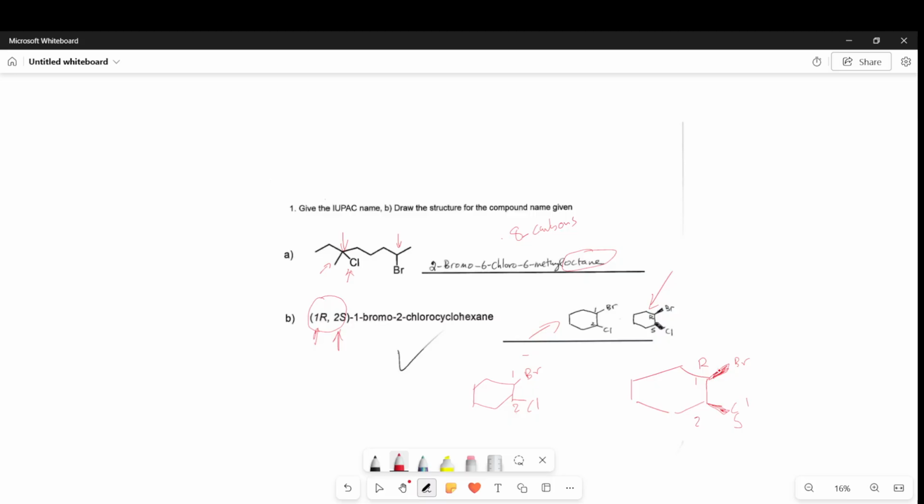This is a wedge, so priority number 1 is bromine, the heavy atom. Priority number 2 is this group right here. And priority number 3 is this group. Since hydrogen is at the back already, we can move from priority 1 to 2 to 3. This rotation is clockwise, therefore it is an R.